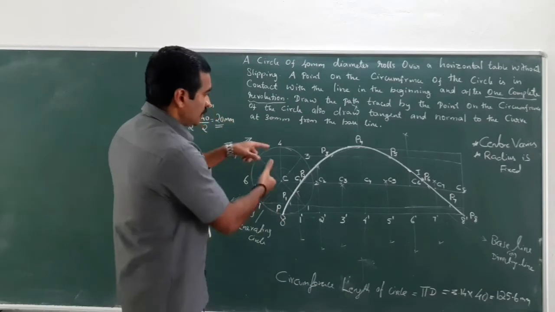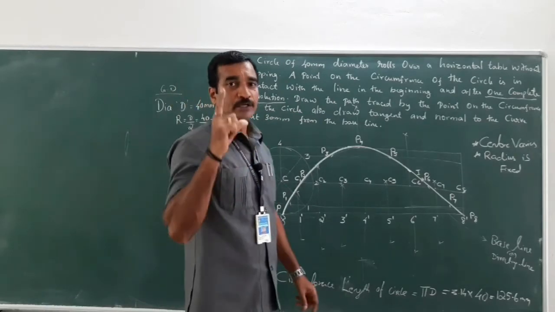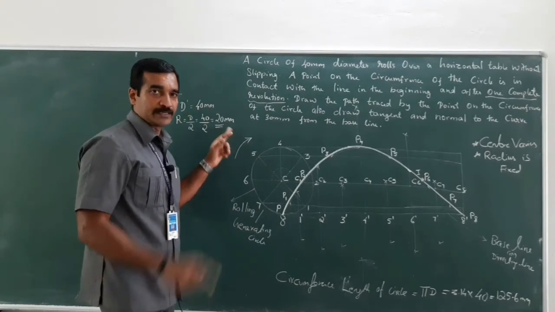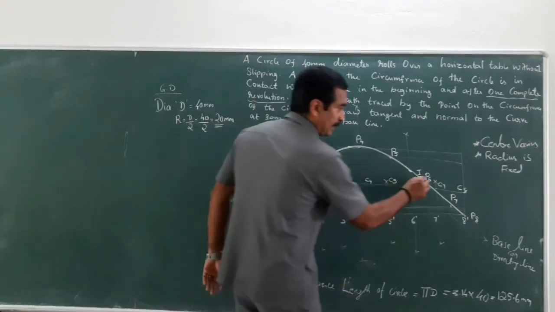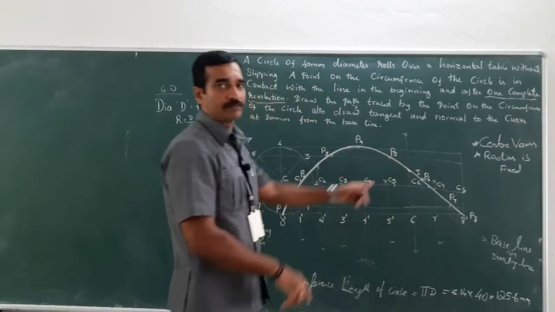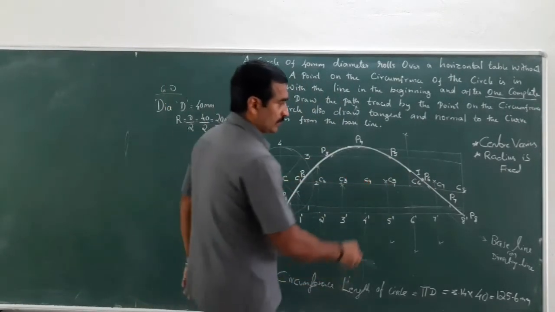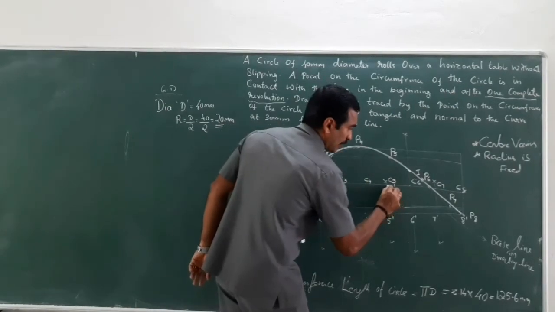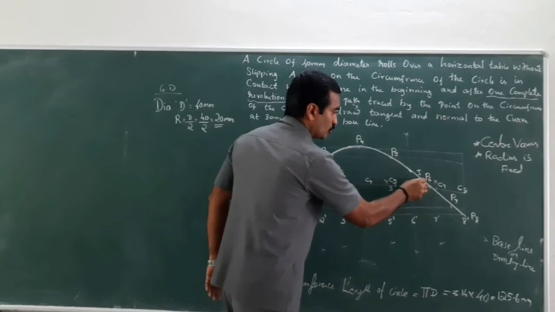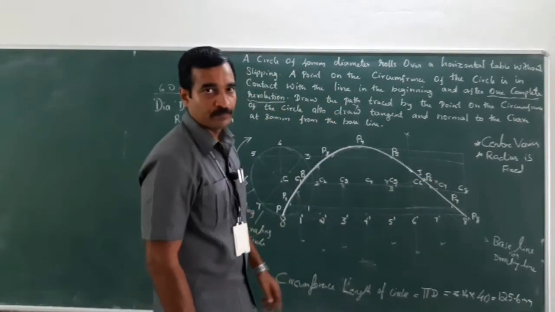Now take 20 mm in the compass, that is the radius of the rolling circle or generating circle. Keeping the compass at point 1, cut an arc on the center line of the locus. Let me take this point as 2. So 1 to 2, a thin line.